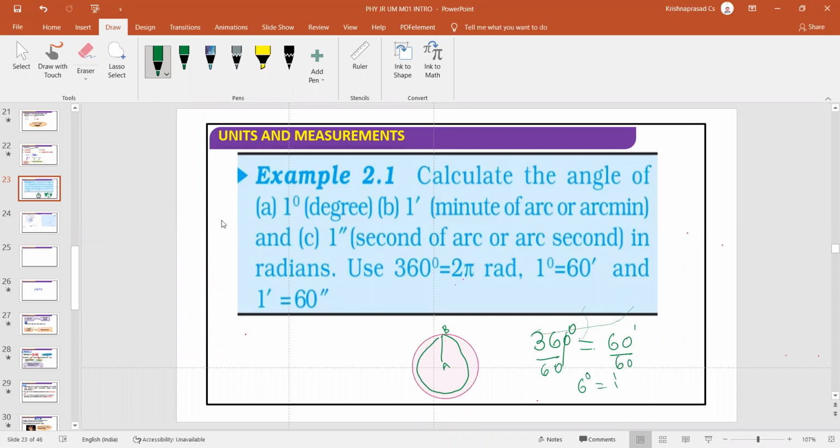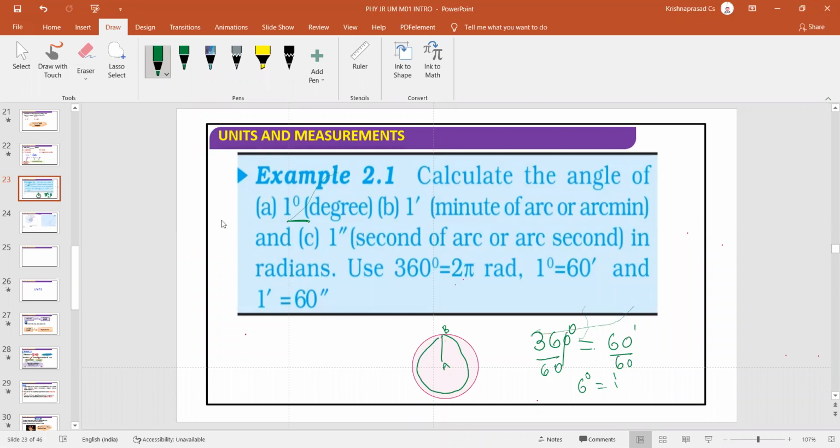Now how will we do it? 1 minute is equal to 6 degrees. We already know the value of 1 degree in radians from the previous problem, right? So substitute the value of 1 degree and multiply it with 6.